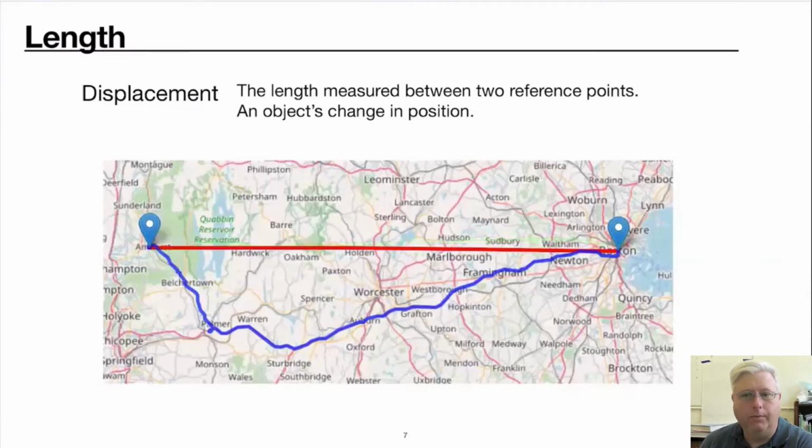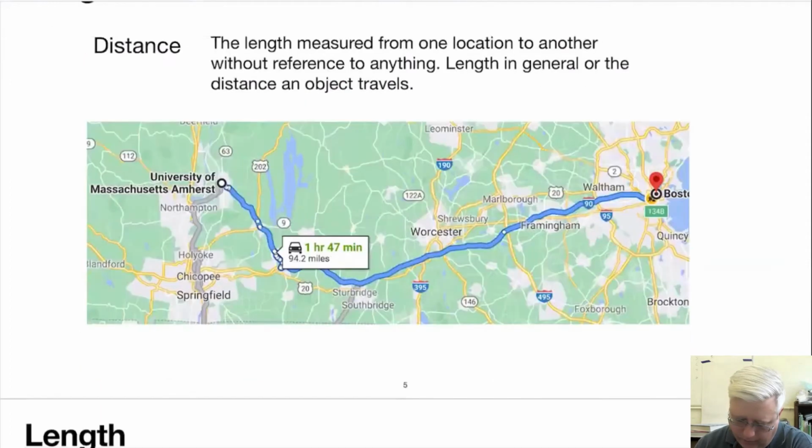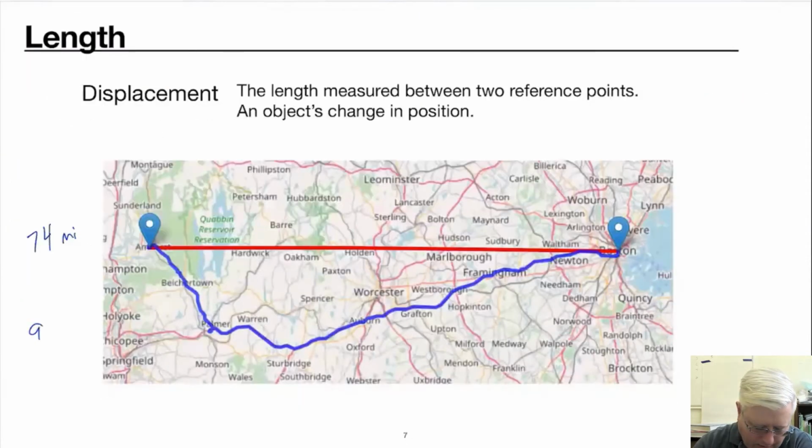Sometimes they call it as the crow flies, or as if you were to just take a plane and go exactly straight there. I found this online, and it turns out it's about 74 miles, whereas we saw that the actual length you would have to drive was 94.2 miles.